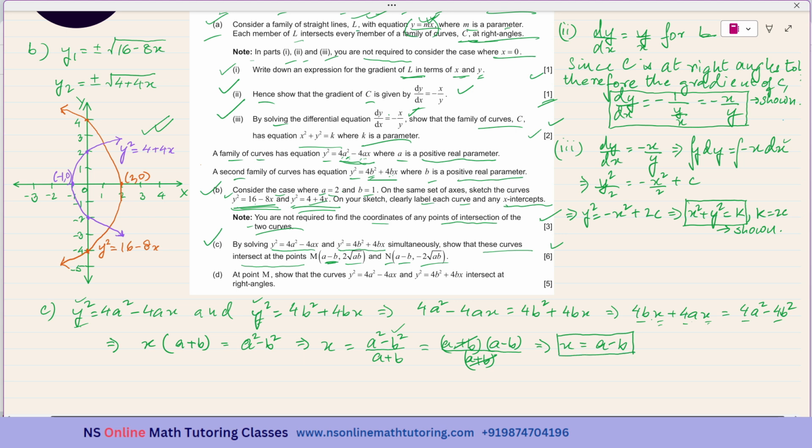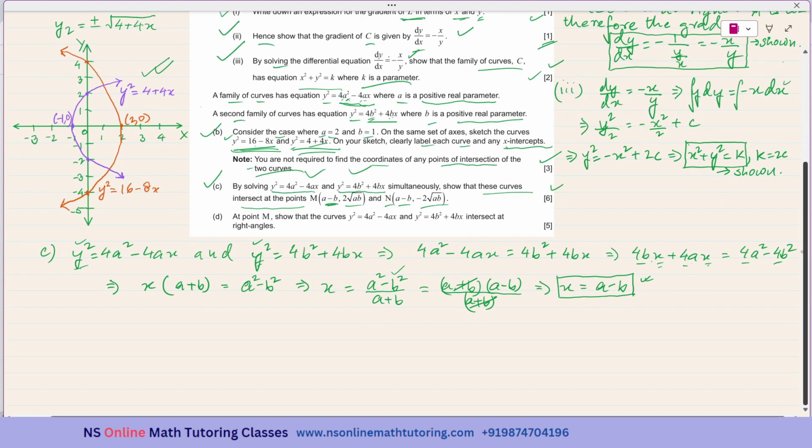What about the y coordinate? This will be the x coordinate for the intersection point of these two graphs, these two family of curves. And then I need the y coordinate. So I can substitute a minus b in any of these two. Let me take the very first one.